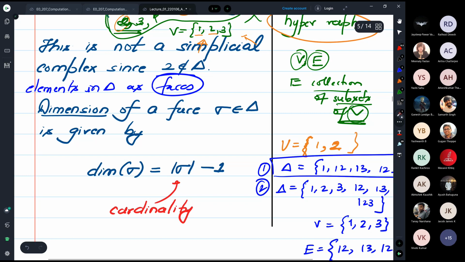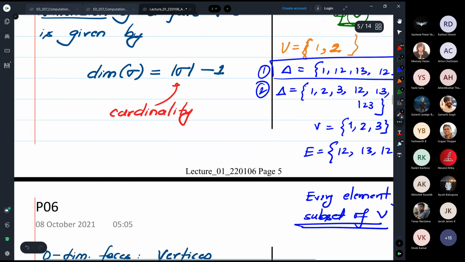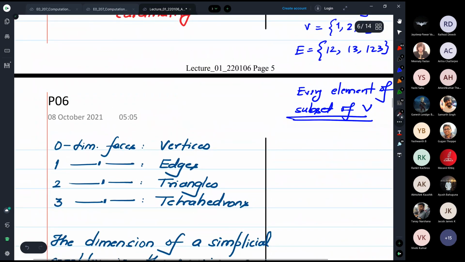So let's say sigma is some face in delta. The dimension of this face will be denoted by dim of sigma, and this will be equal to the cardinality of sigma minus 1.